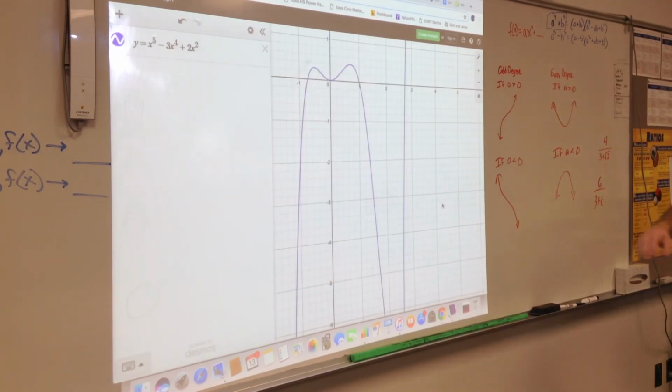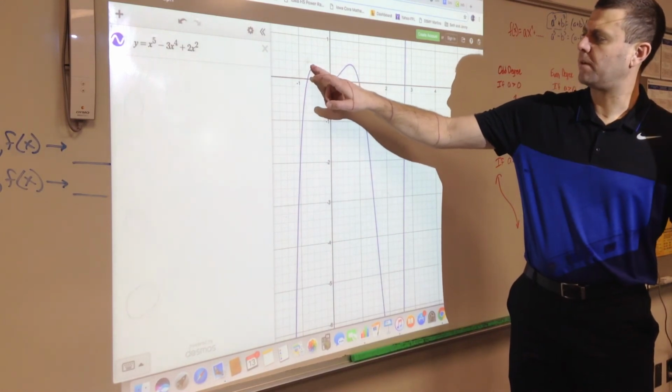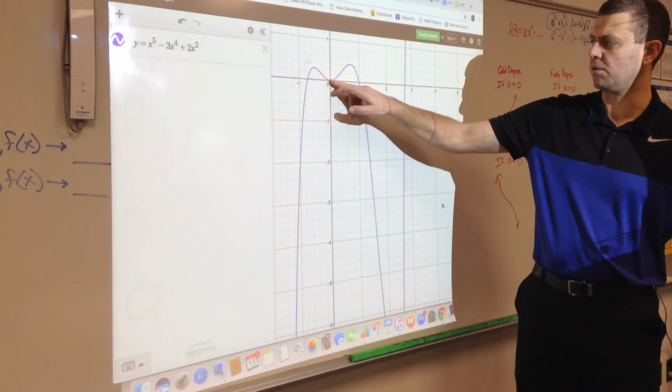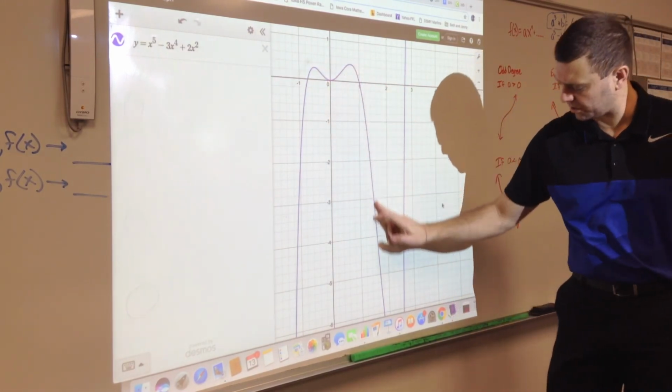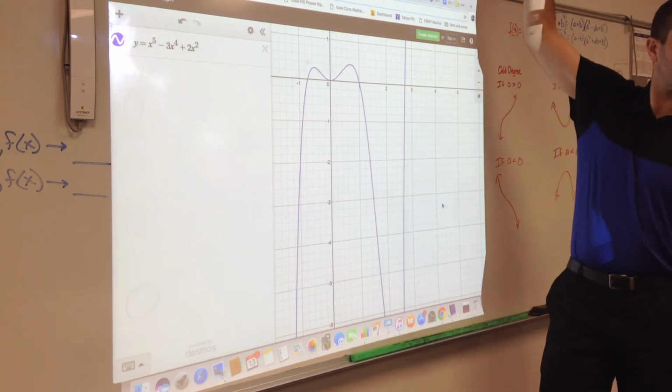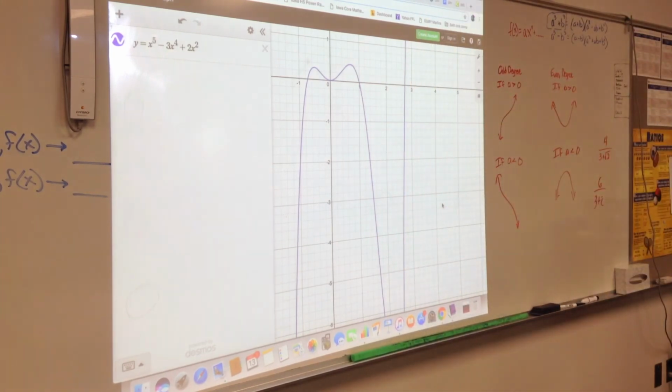So an x to the fifth is going up, one turn, two turns, three turns, four turns. So an x to the fifth can have four turns.